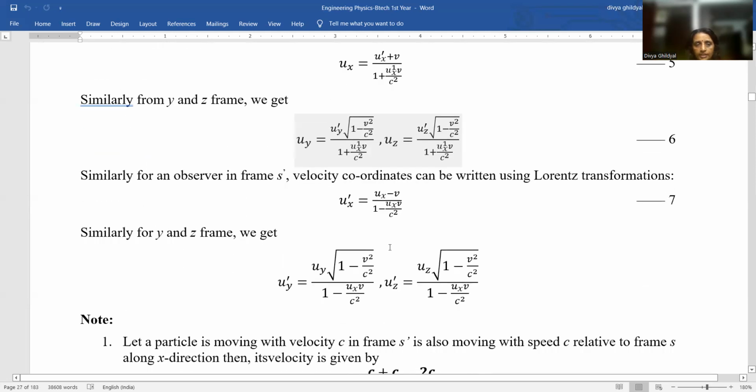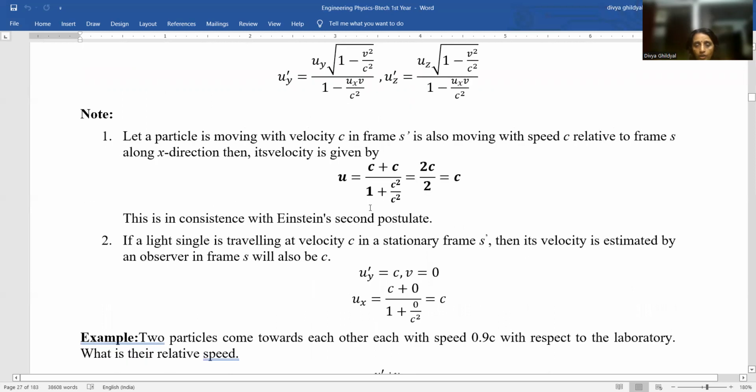Similarly, for an observer in frame S dash, velocity components can be written by using Lorentz transformation equations with the negative sign. Now, what is important in this topic is to show its consistency with Einstein's velocity of light relationship, that is, the second postulate.